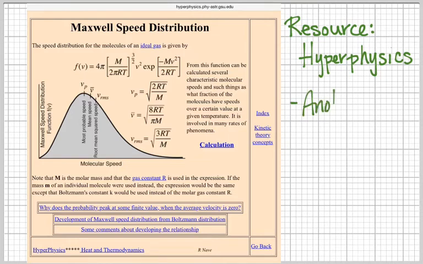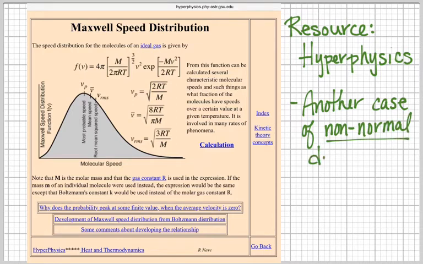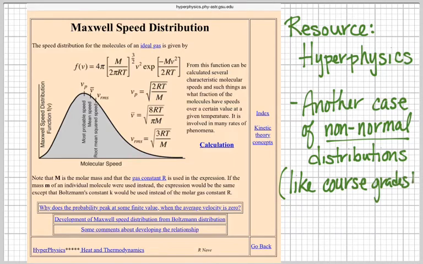Inside of the Maxwell-Boltzmann distribution, you're basically seeing a distribution of data that is non-normal. It is not the bell curve. There's very little that we would associate with thermodynamics that would be following a normal distribution or a Gaussian distribution.